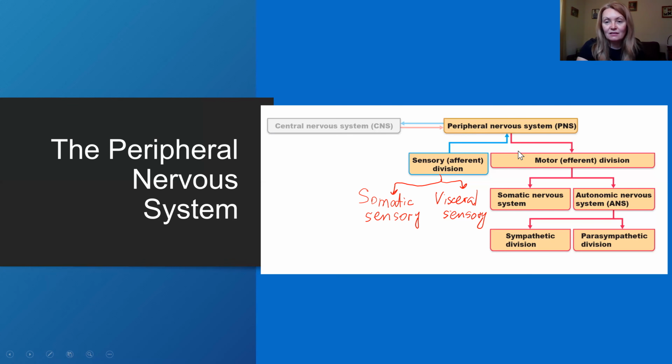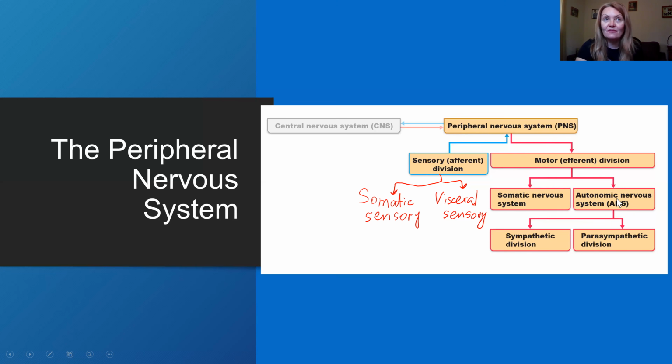And then the second branch of the PNS is the motor or efferent division. The motor efferent is divided into somatic and autonomic, or ANS. Somatic means your effector organs are going to be skeletal muscles, so you can produce a response that you can control. It's your conscious response to a stimulus.